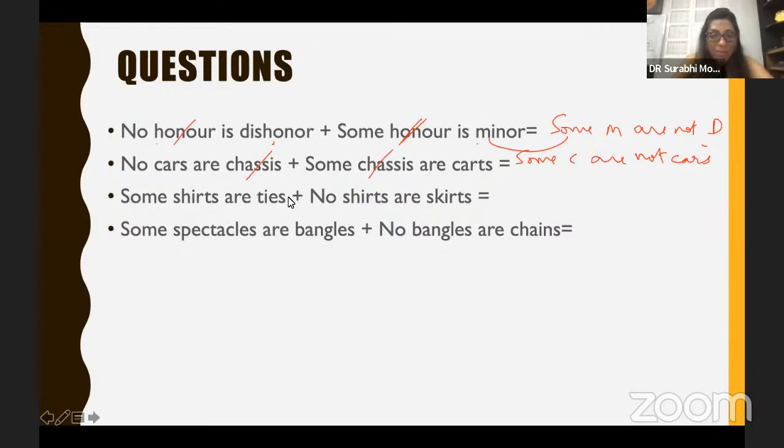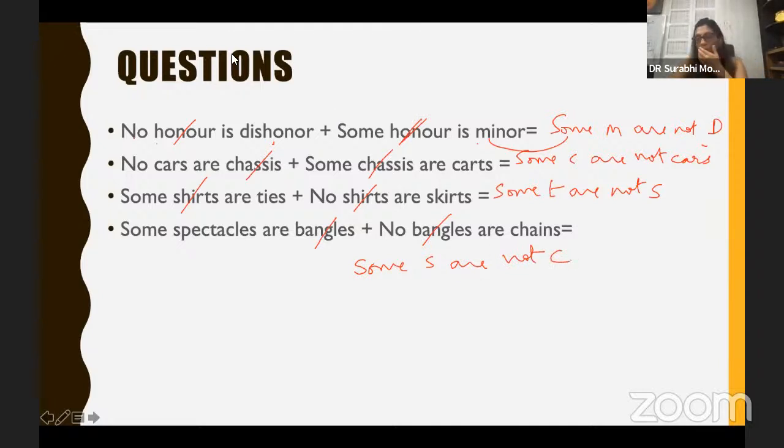And the third one, some ties are not skirts. Right? Some spectacles are not chains. That's correct. Understood this? No plus some is done.